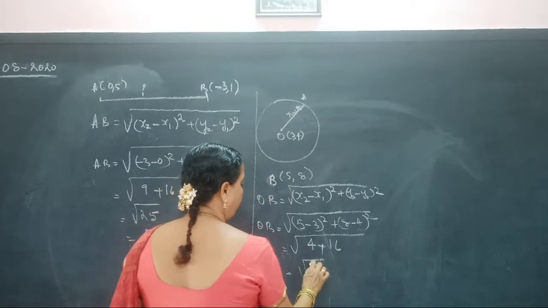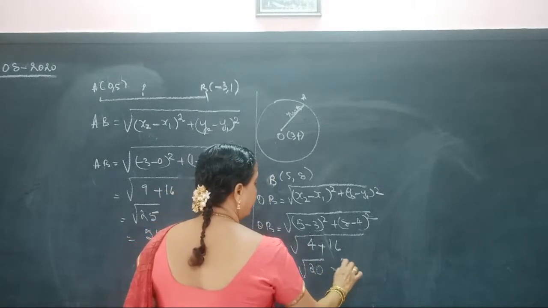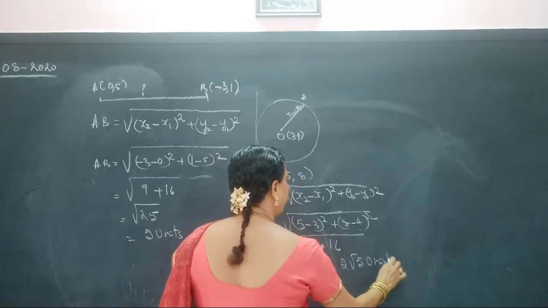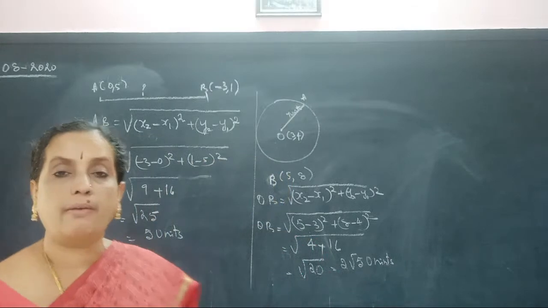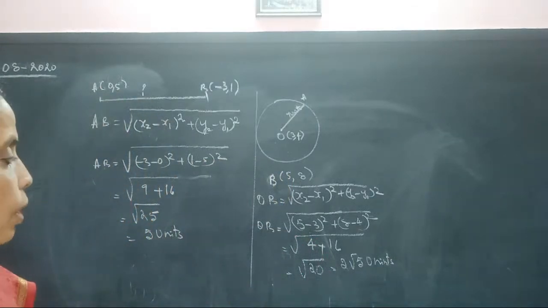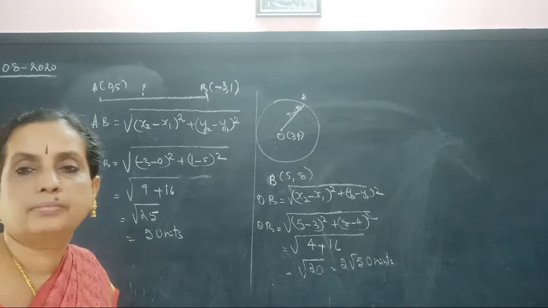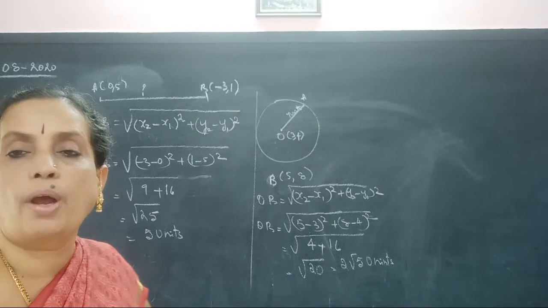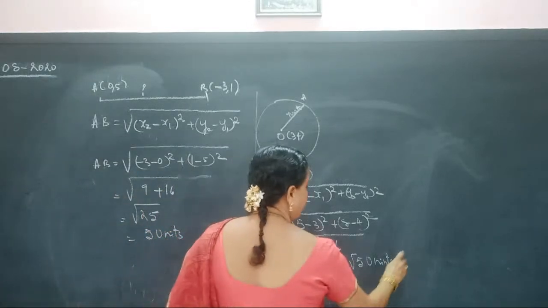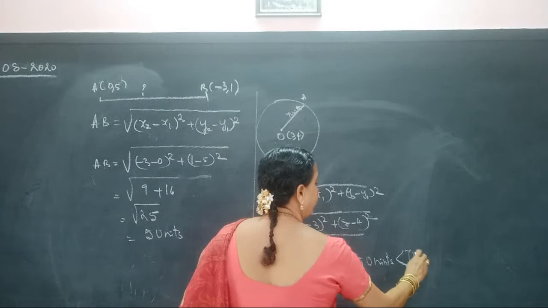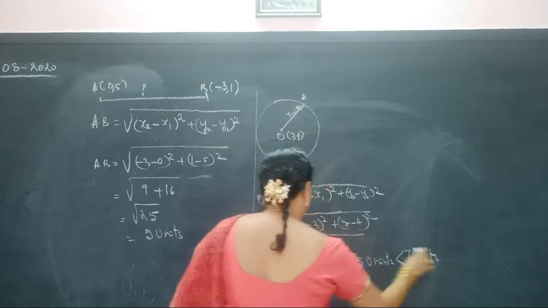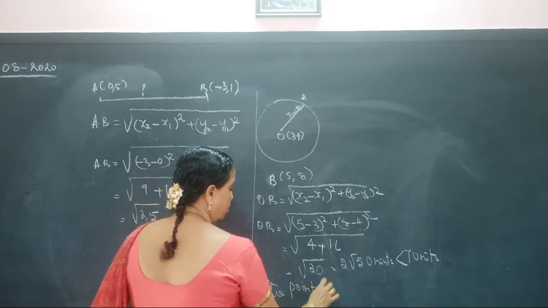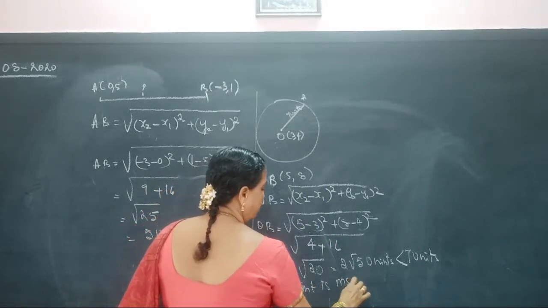It is root of 20, 4 times 5, so it is 2 root 5 units. Whether this 2 root 5 units is less than 7 units or more than 7 units: root 5 is 2.3, into 2 is 4.6. This is less than 7 units. So the point is inside the circle.